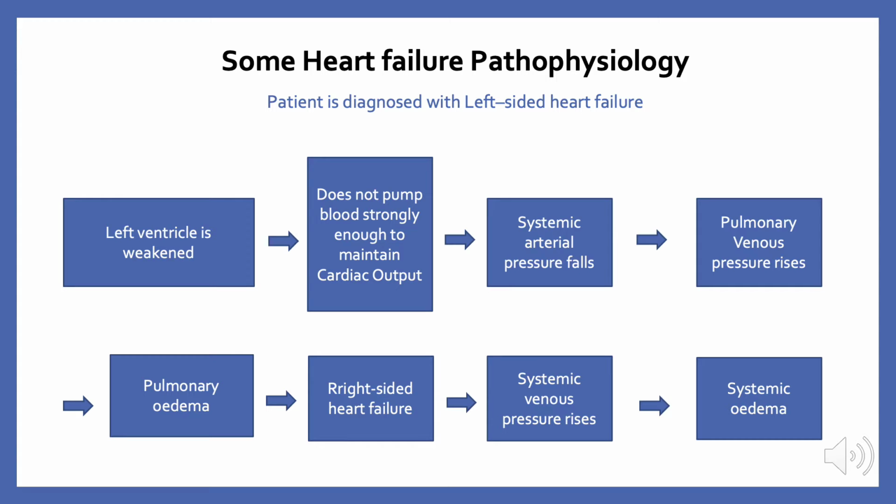So systemic venous pressure rises is what happens, as we can see in box number 7. And if the systemic venous pressure rises, then there will be systemic edema, which is basically the swelling that you can see in the ankles, for example, of patients with heart failure.